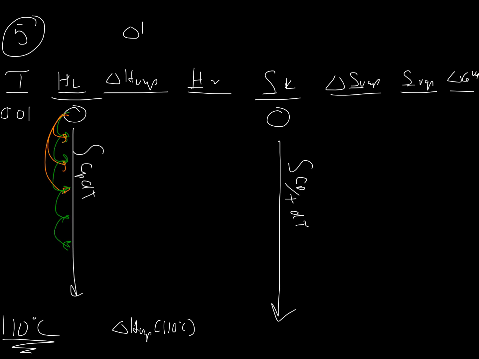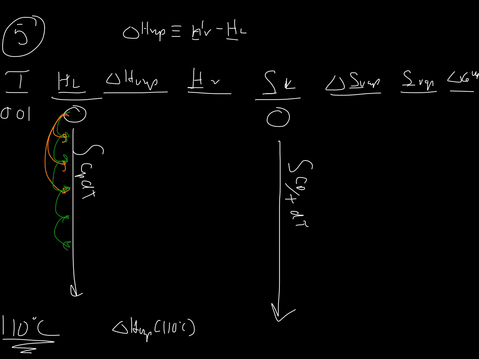Delta H of vaporization is just defined as the H of the vapor minus the H of the liquid. Final state is the vapor, initial state is the liquid. Why isn't it the other way around? Well, that's just because of how we defined it. I mean, it's vaporization. Exactly. So you could say the delta H of condensation would just be going from a vapor to a liquid.